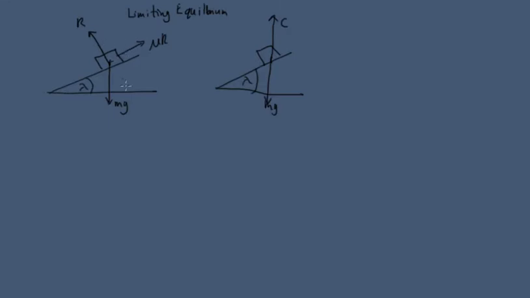These two forces must cancel out the weight of the box. Therefore, if we consider the components of the total contact force, this must be lambda, or the angle of friction. Now let's look at how we can use this to solve a couple of problems.